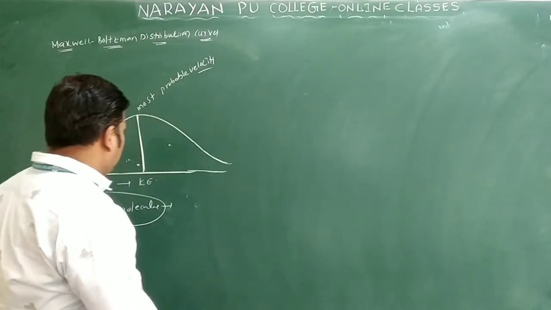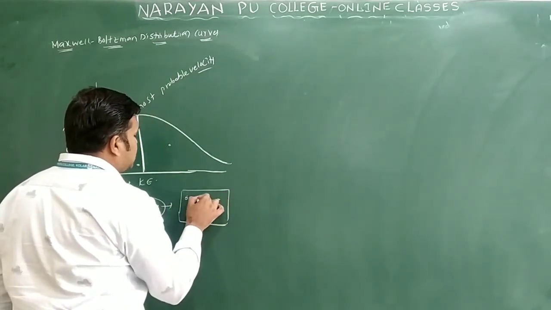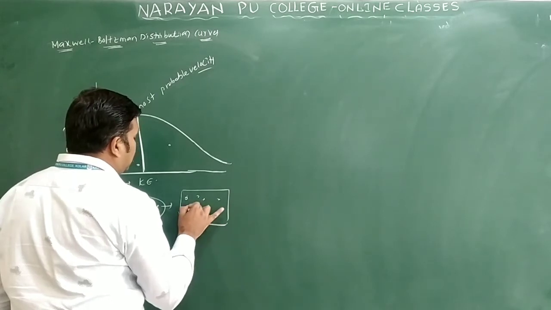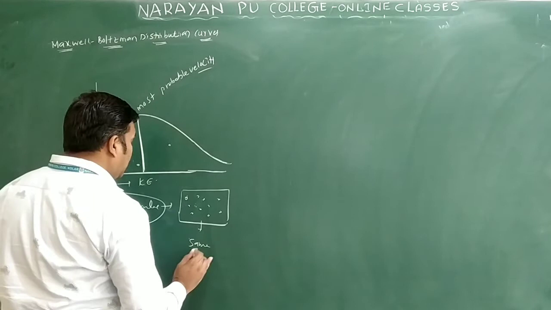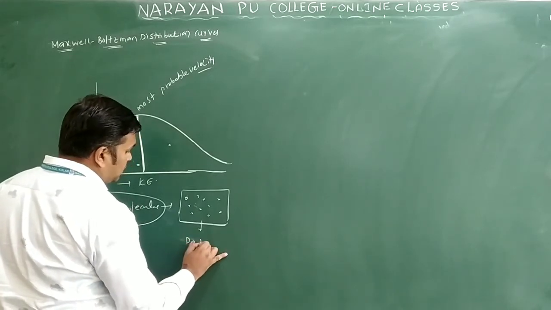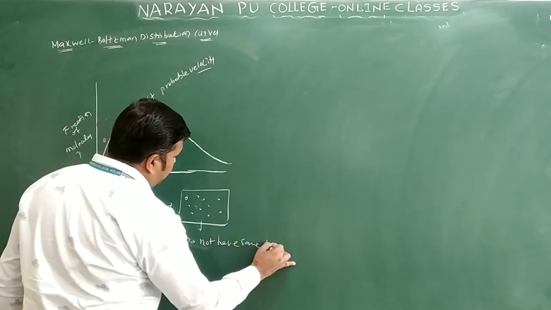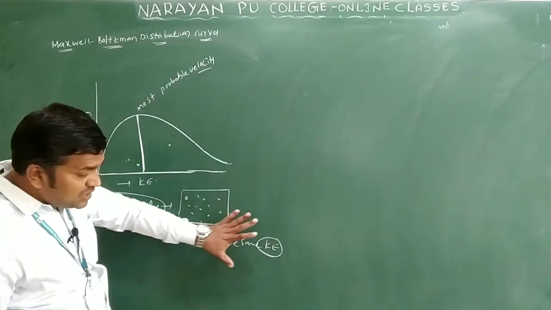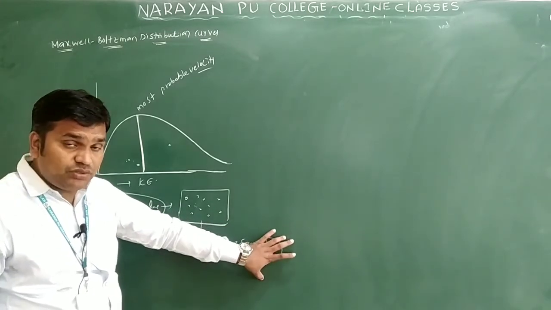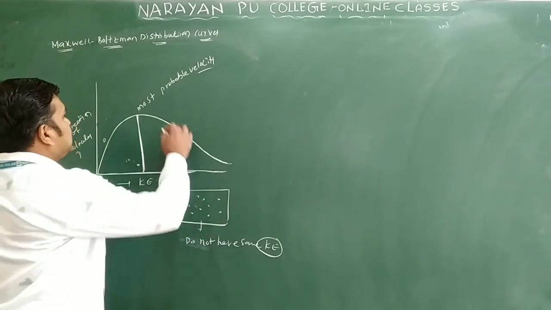If you take one container, these are the gas molecules. All the molecules do not have the same kinetic energy. So the kinetic energy is possessed by the maximum number of molecules. Among those, a few molecules have the highest kinetic energy, that we are calling as what?